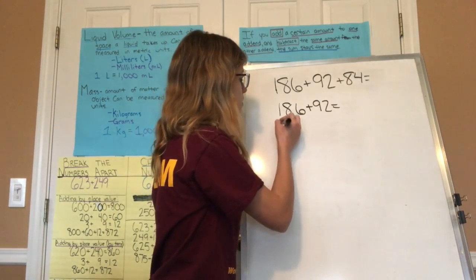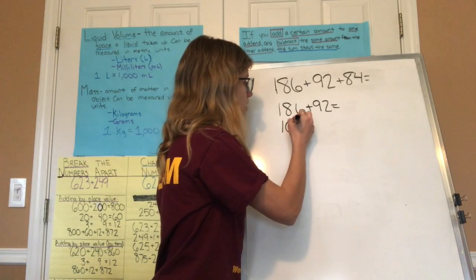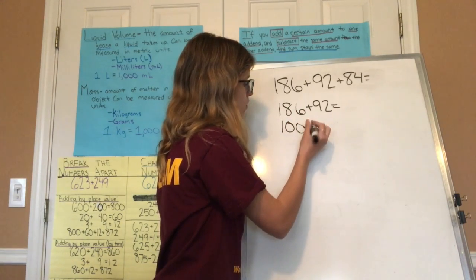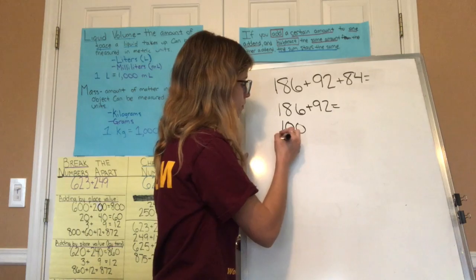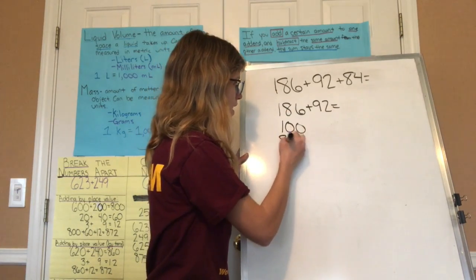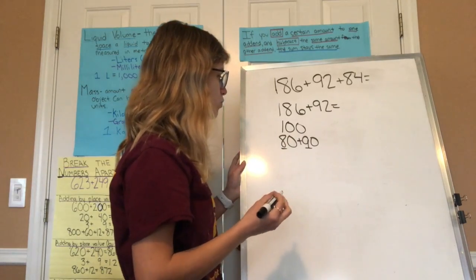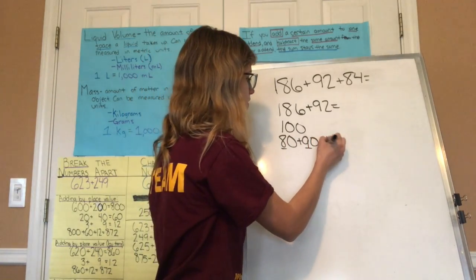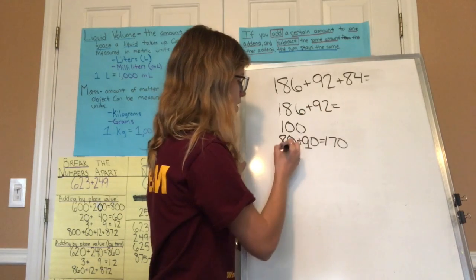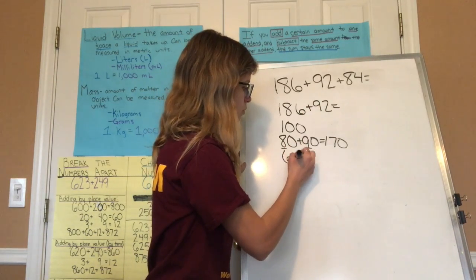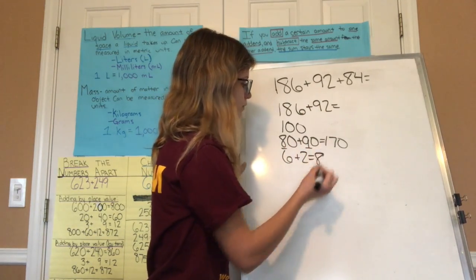So 186 plus 92, I'm going to first add by hundreds. So I would add 100, and then 80 plus 90, and I know 9 plus 8 is equal to 17, so 17 tens, and then 6 plus 2, which is equal to 8.